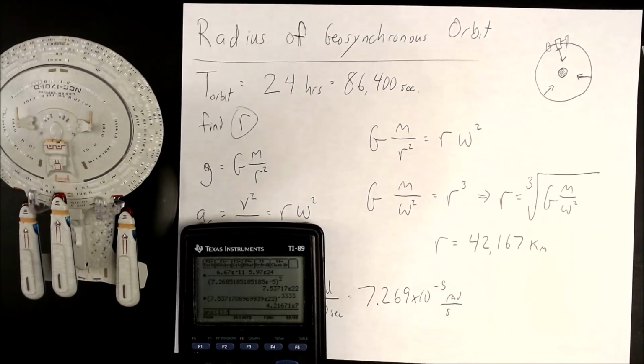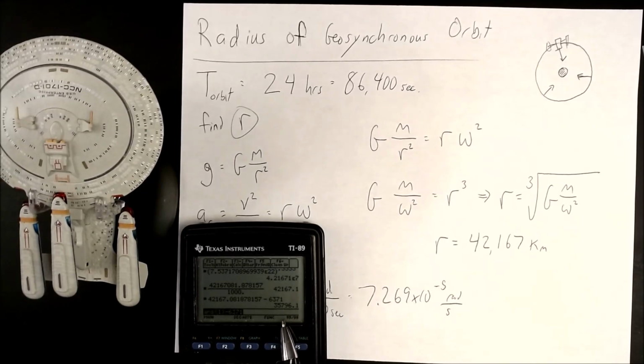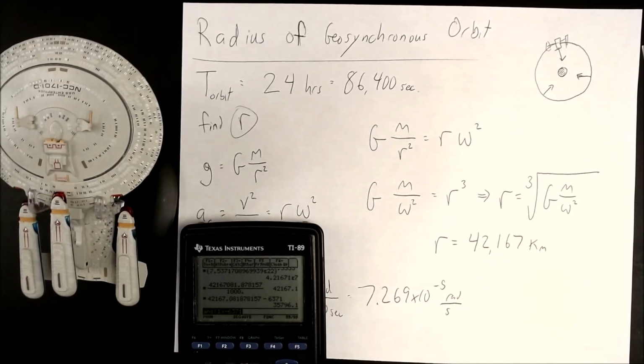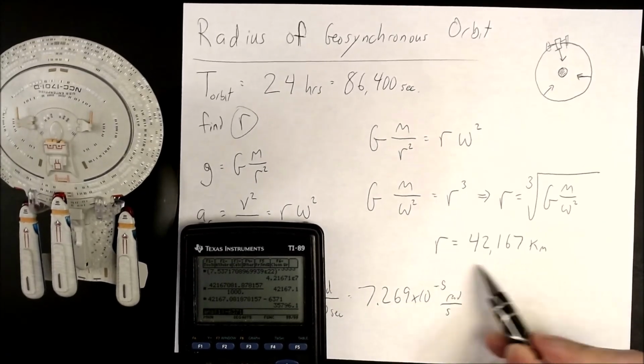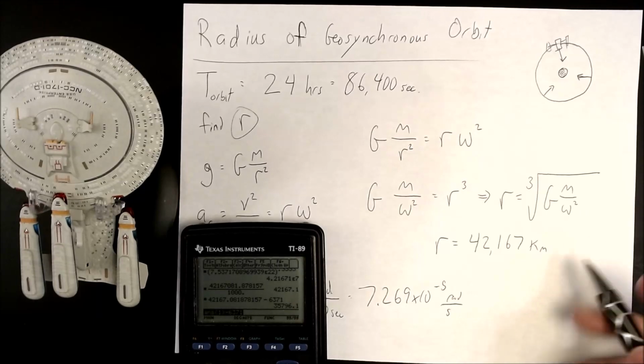Well, if we take this, I'm going to divide it by 1,000 to get it into kilometers, and I subtract 6371 from it, suddenly I get 35,796 kilometers, which is extraordinarily close to the accepted value. This number that we have here includes the radius of the Earth.